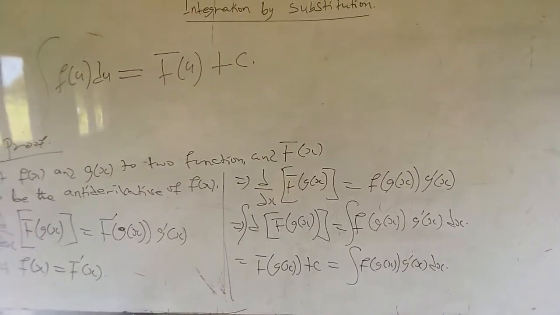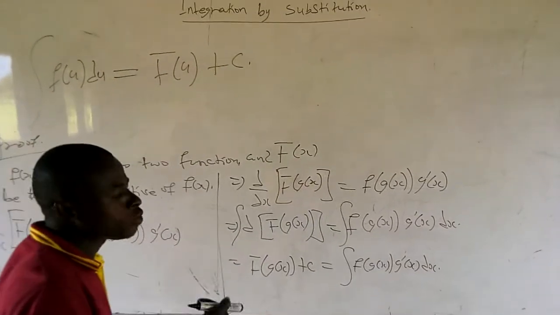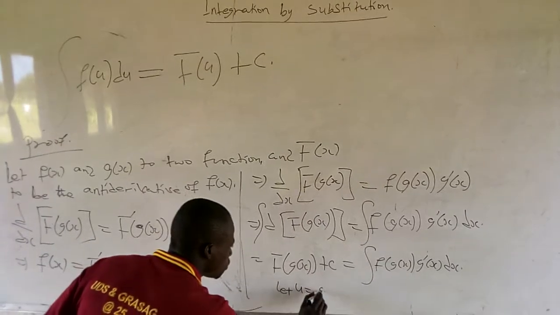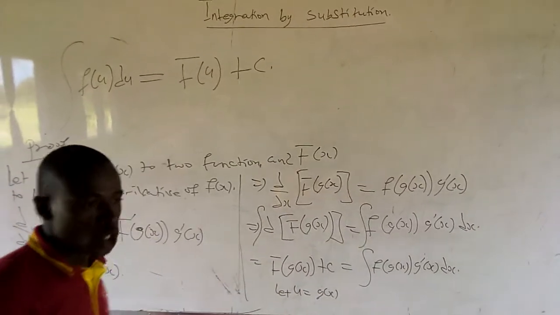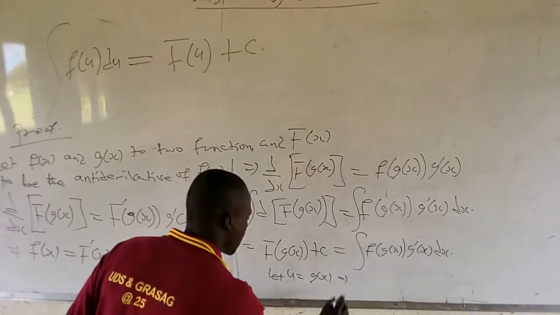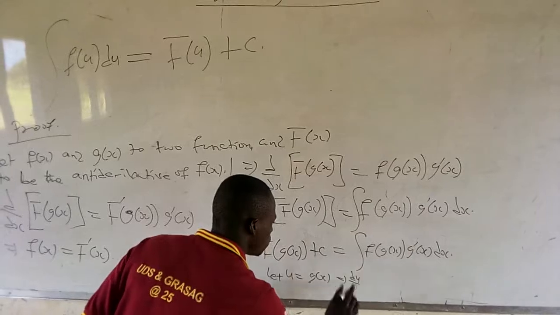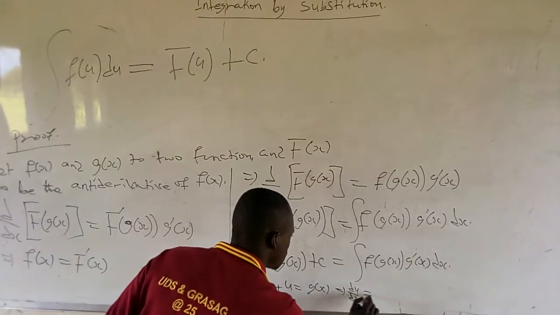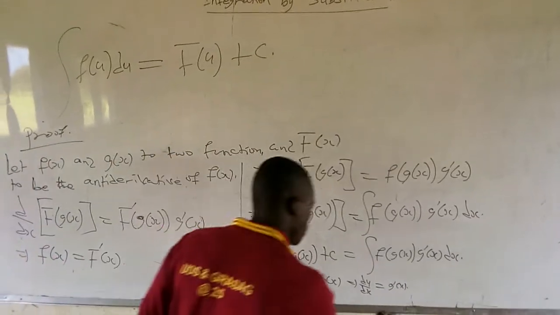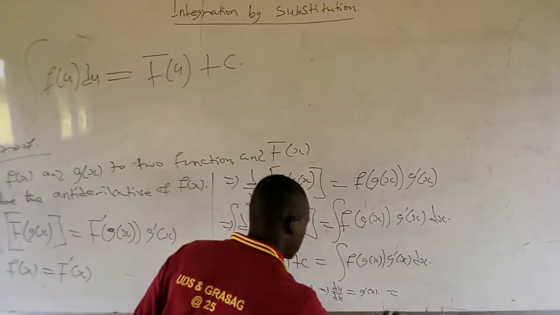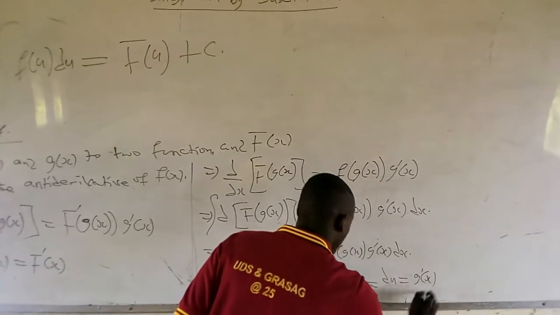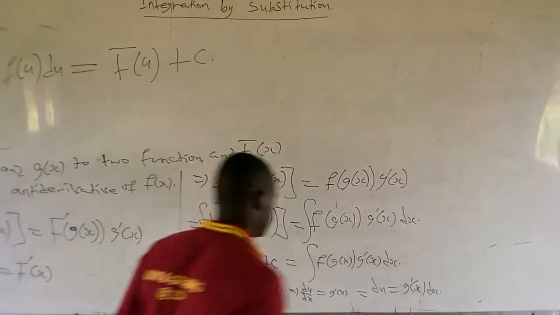Now, this is the stage where we can actually do the substitution. So I'm saying let u equal g of x. So from our normal differentiation, it implies du over dx is simply equal to g prime of x. Therefore, this is the same thing as du equals g prime of x dx.